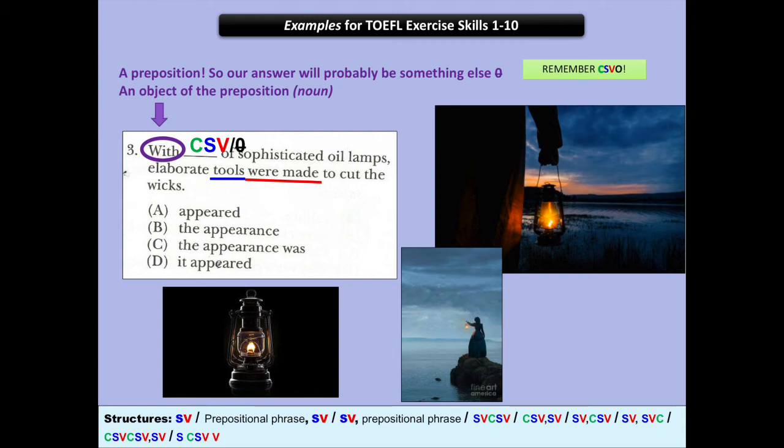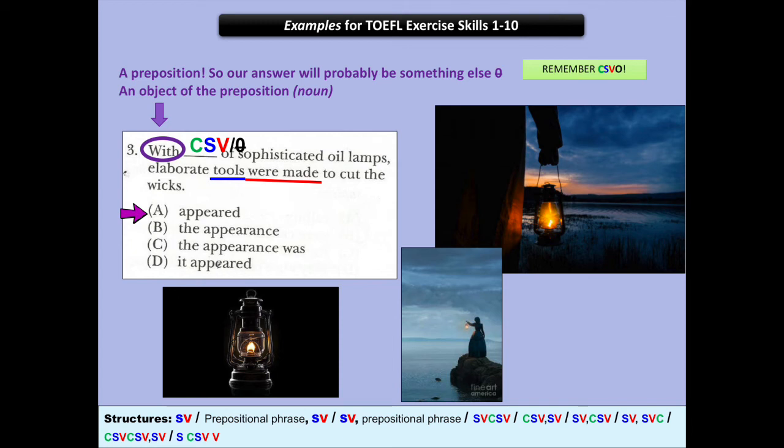Now let's look at our answers and eliminate the obviously wrong answers. Apple is a past participle. Remember skill 4. A past participle can be a verb or an adjective. We need a connector, subject, and a verb.